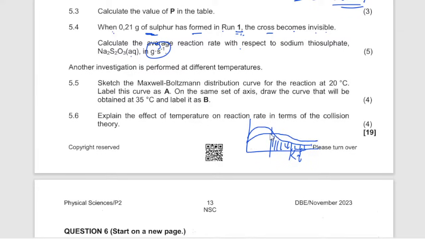So you see that the number of particles, like that. All these now added mean more particles will have sufficient energy. Then you put a caption so that we give you a mark here, and then the labels of the axis.